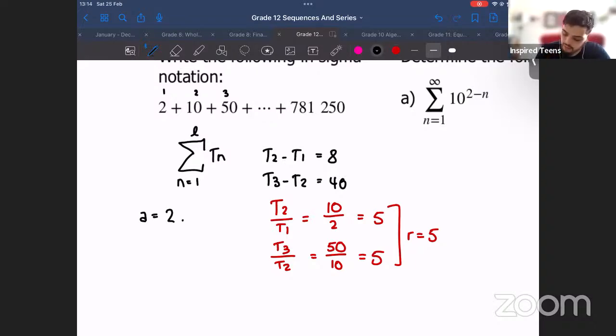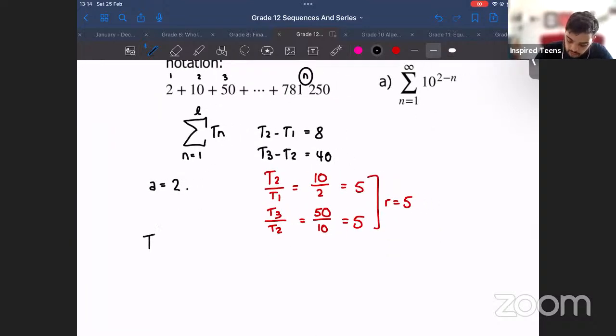The reason we needed to calculate R was simply because we need to calculate N for the last term. If we want to calculate N for the last term, we need Tn. So in order to get Tn, in this specific case for geometric, it's A times R to the N minus 1.